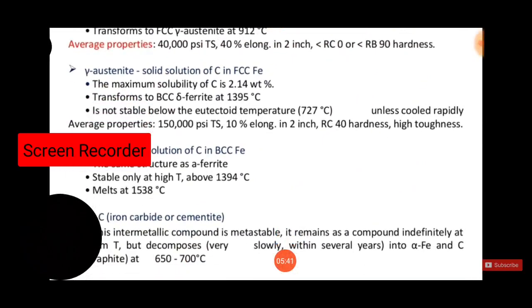Then comes Fe3C, that is the iron carbide or cementite. This is an intermetallic compound, and is metastable.